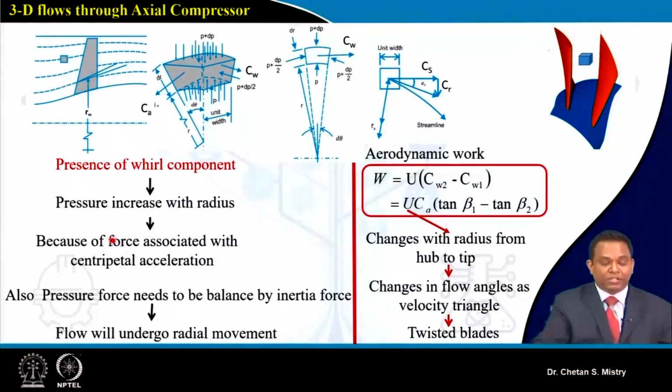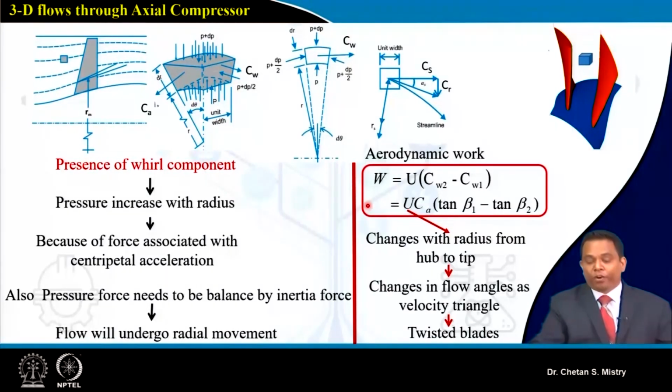This rise of pressure is because of the force associated with my centripetal acceleration, and this pressure force needs to be balanced by my inertia force, which gives my fluid particle a radial movement. Because of the presence of this inertia force, and the change of my radius, there is a change in the movement of my particle. So our flow becomes more three-dimensional within the passage.